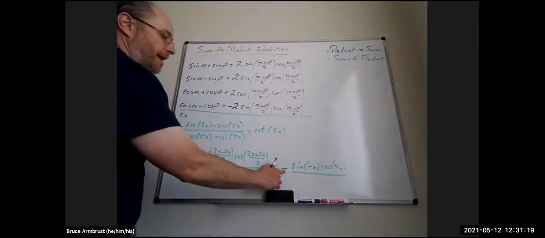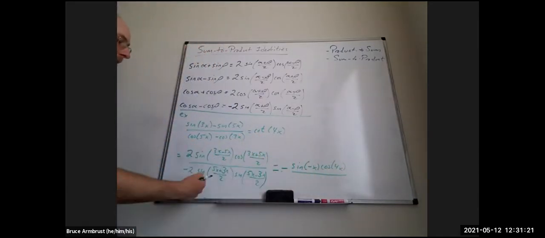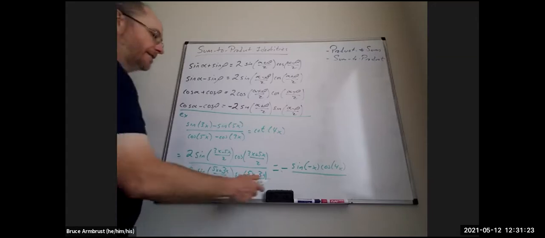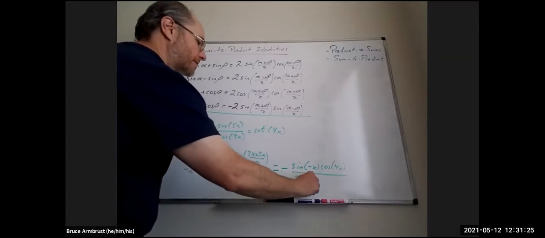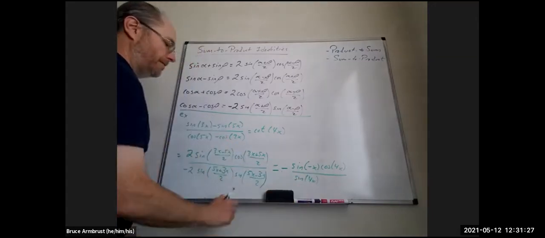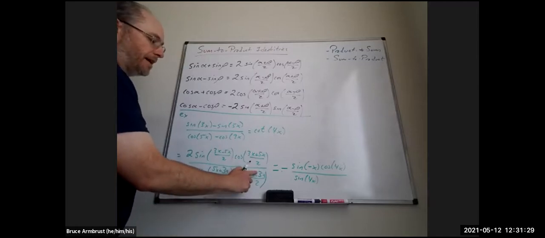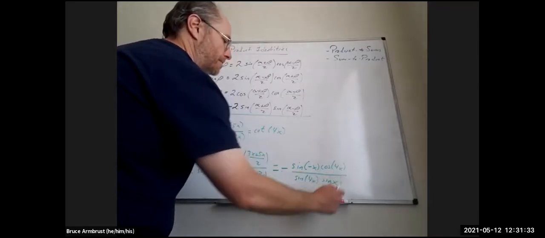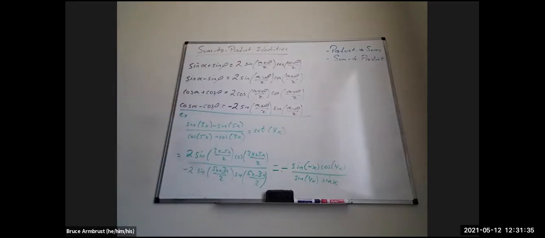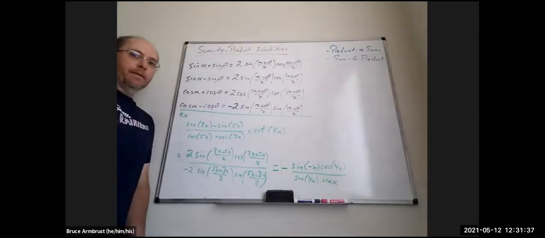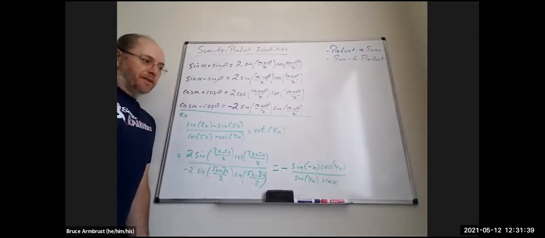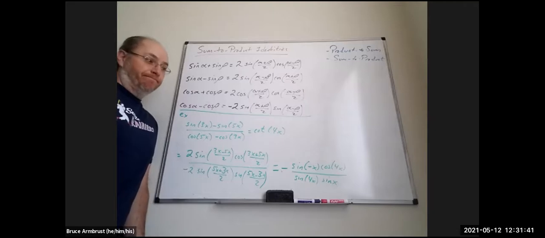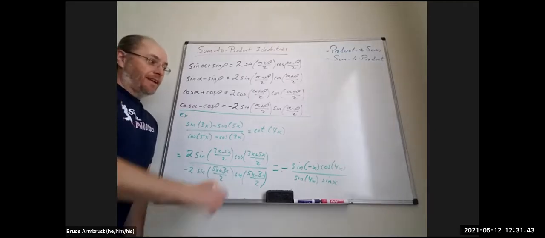So there's the top. And then the bottom, do the same thing. I'm going to get a sine of 4x, and then a positive 2x over 2, so just plain old sine of x. So it's starting to look good, because think about where we're going.